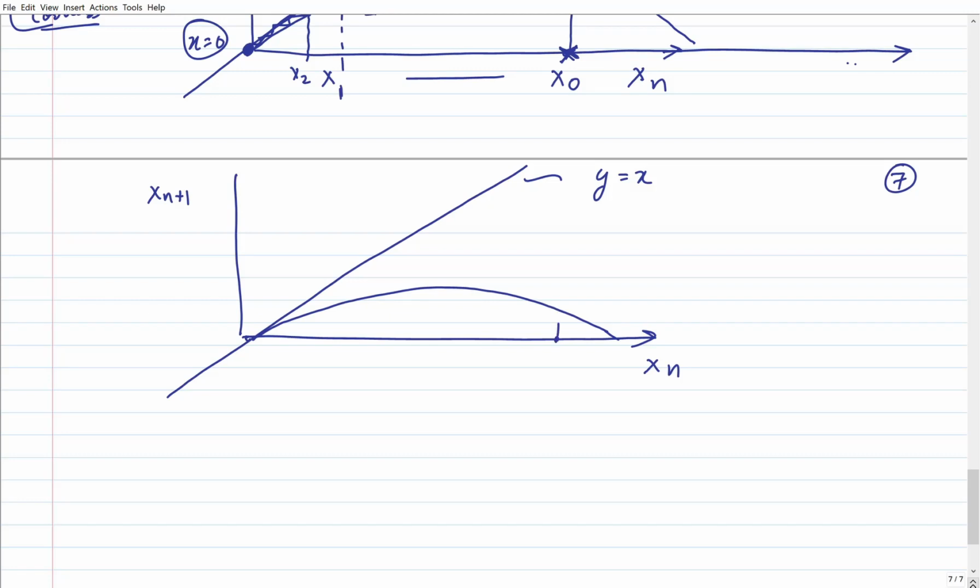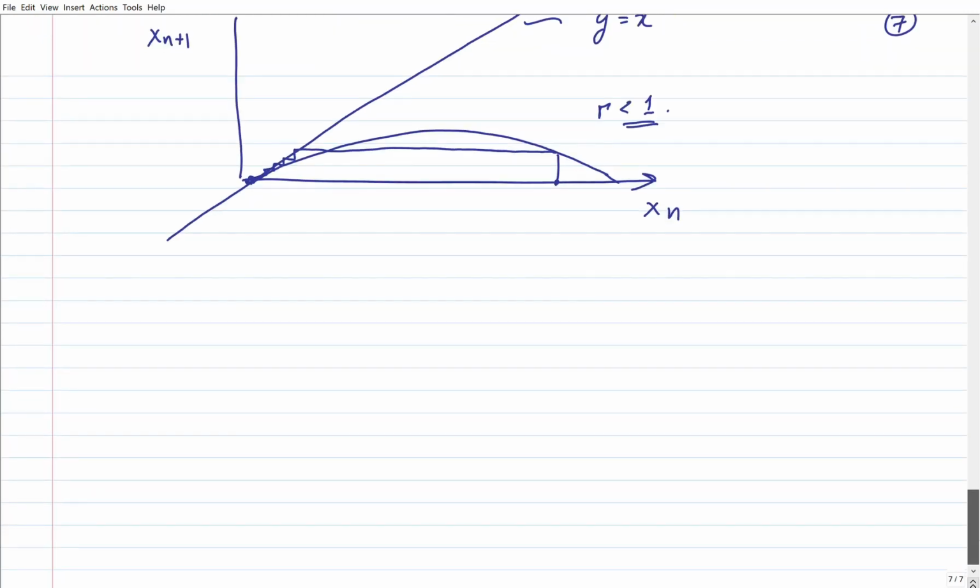Okay, so again we see we'll converge back to some fixed point over here. So this was another example with r less than 1. Let's see what happens when r is greater than 1.